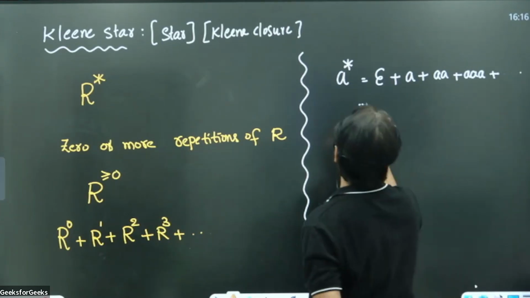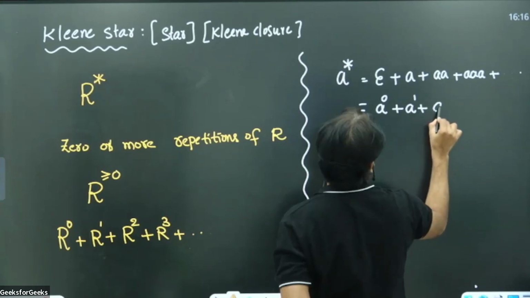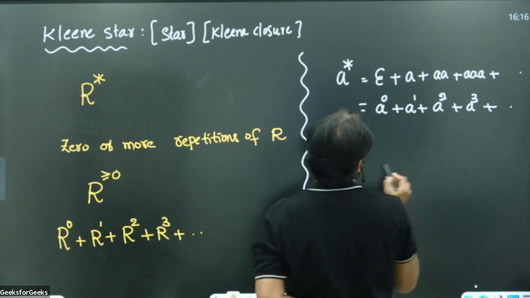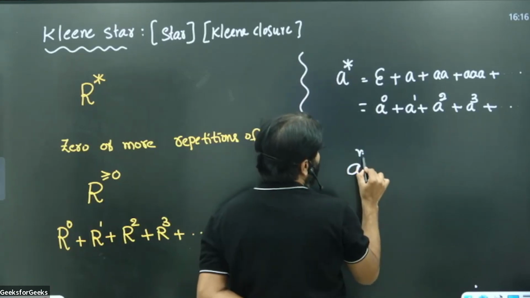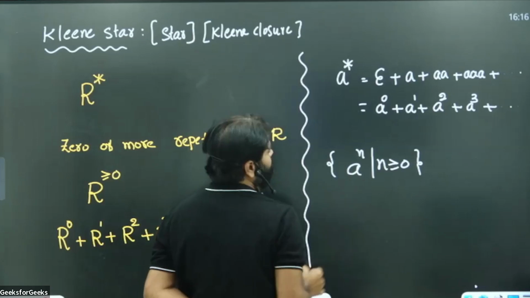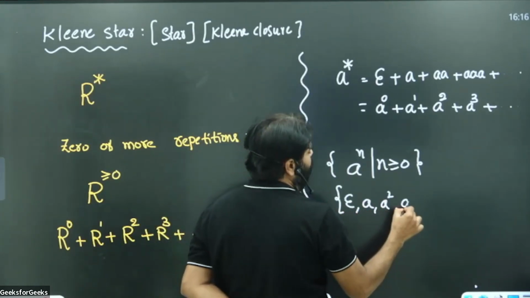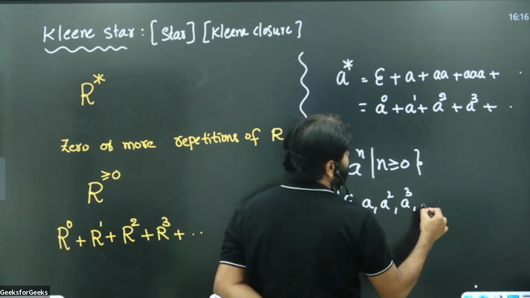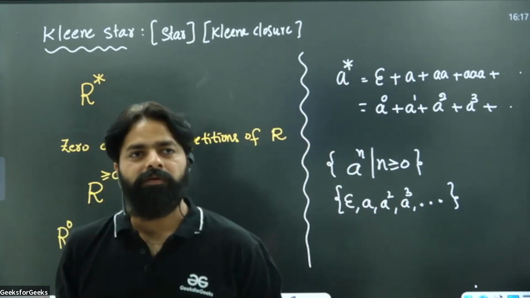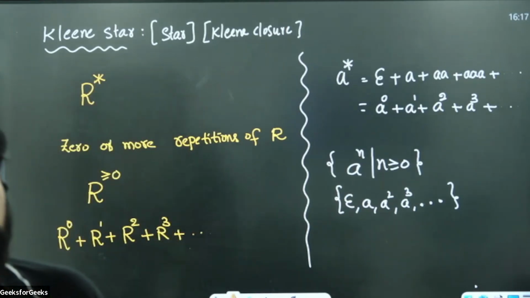This is exactly the same as A power 0 or A power 1 or A power 2 or A power 3 and so on, which is similar to, in mathematics, A power n such that n is greater than or equal to 0. Which is the same as epsilon, A, A square, A power 3, so infinitely you can represent all the strings. Got it?